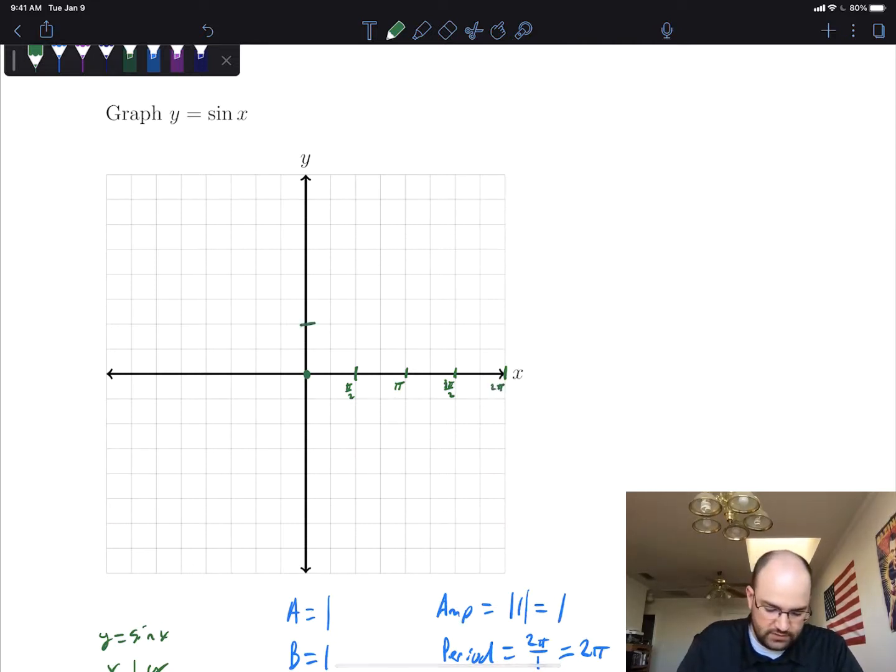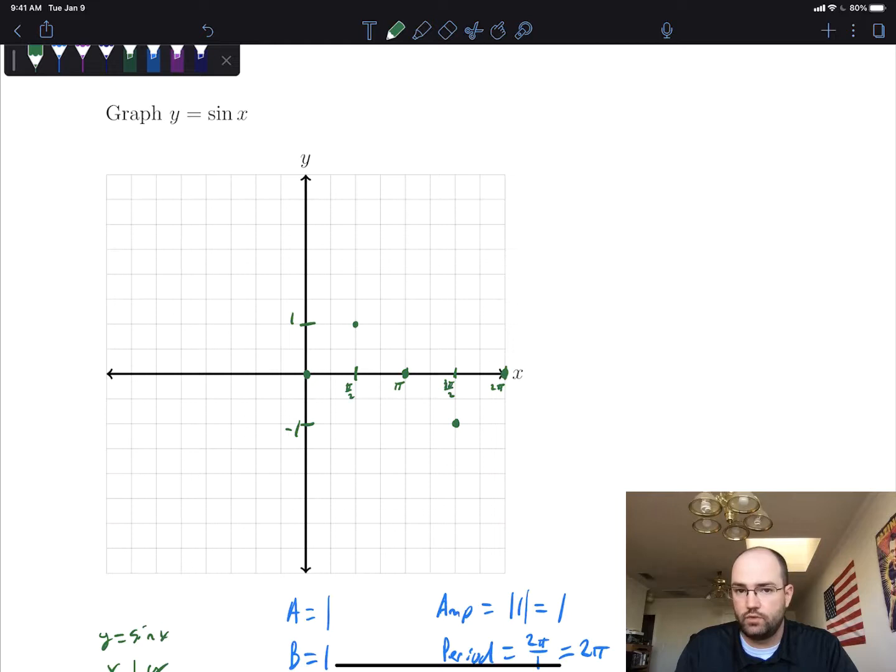And of course I want to do that to be 1 and -1. Awesome. So pi over 2 is 1, pi is 0, 3 pi over 2 is -1, and 2 pi is 0.